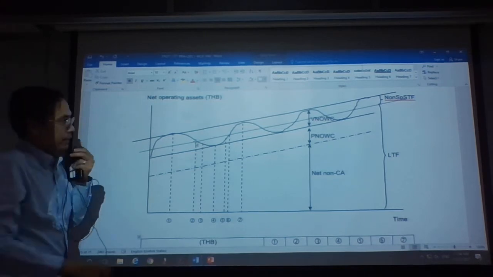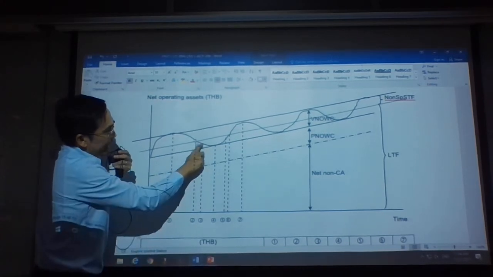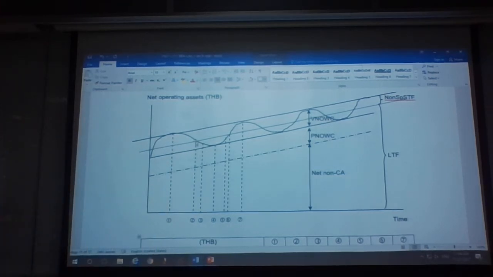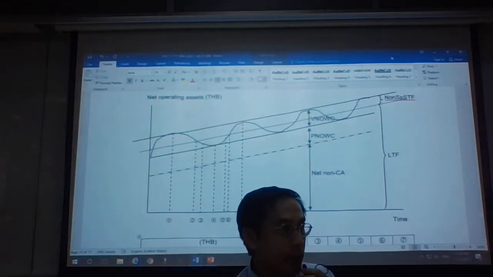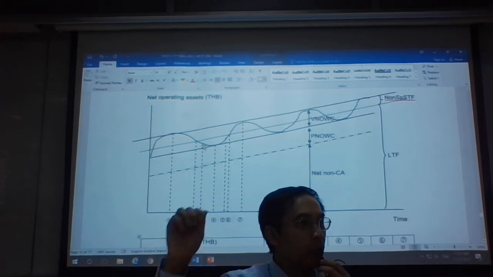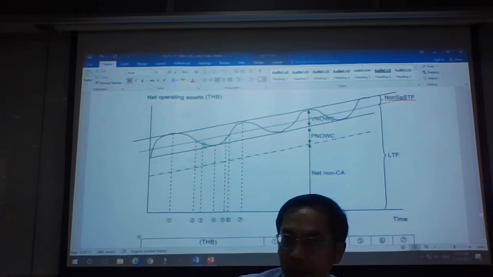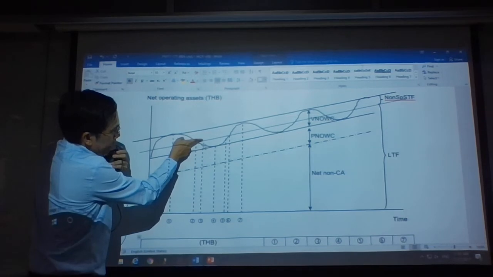Now, the sum of the operating assets and the marketable securities will be exactly equal to total liabilities and owner's equity. Let me show you the line first. From this point to this point, the height of the curve is your total operating assets. But your total liabilities and owner's equity is equal to the height of the dotted line.